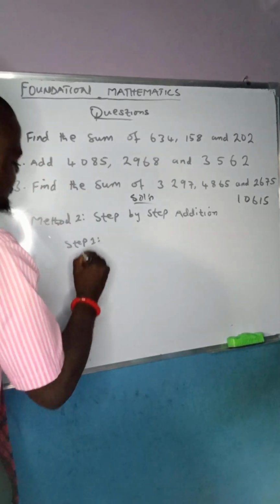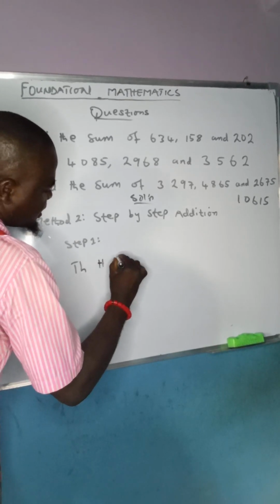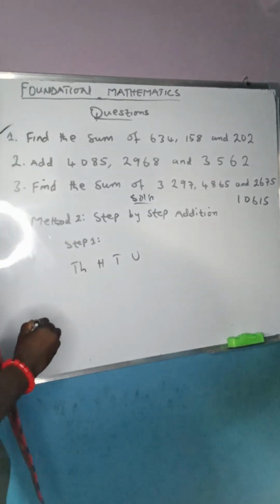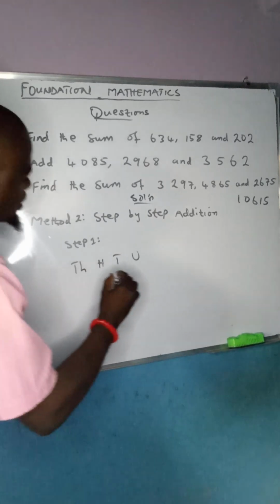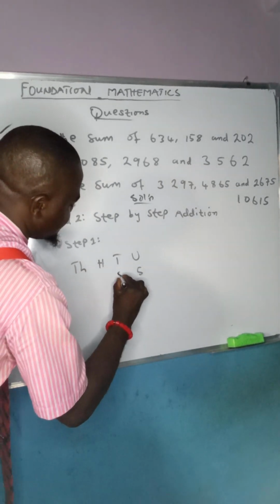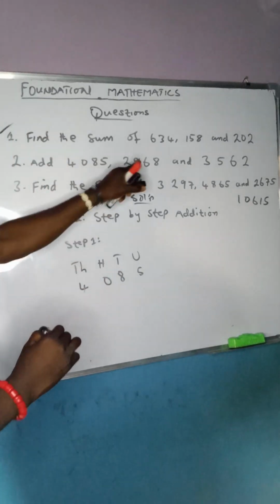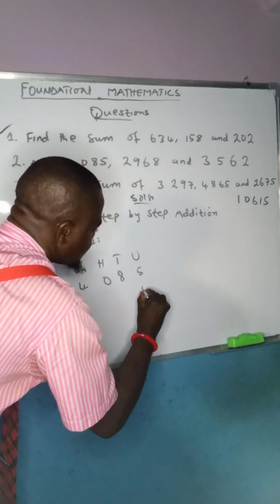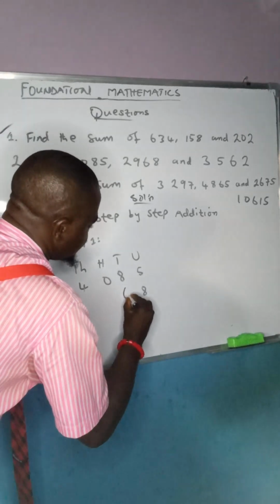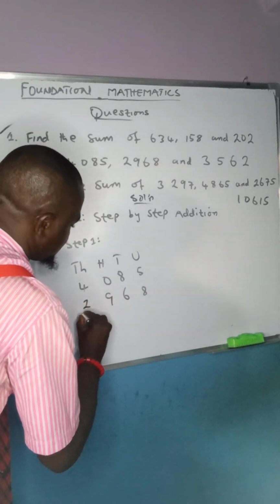Since there are 4-digit numbers, you start with 1,000, 100, tens, and unit. You start from the first one, 5, that is the unit, 8, 0, 4, 8, 6, 9, 2.